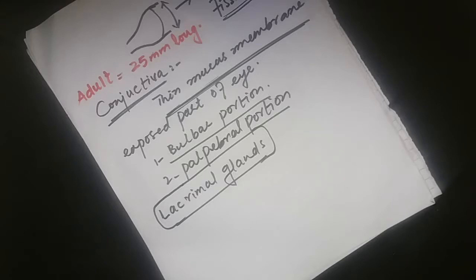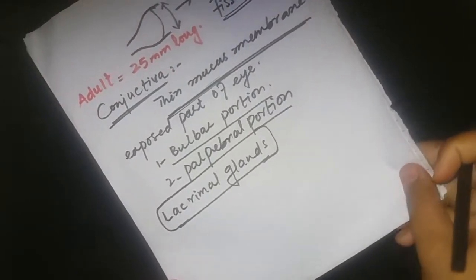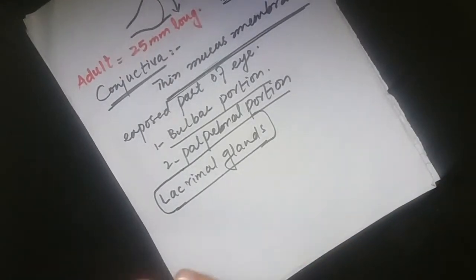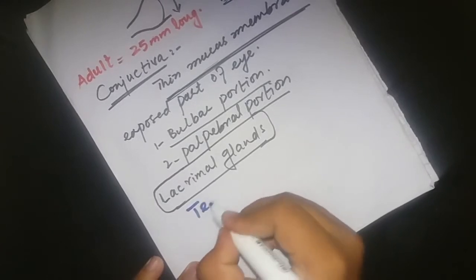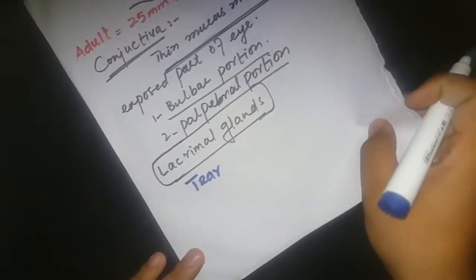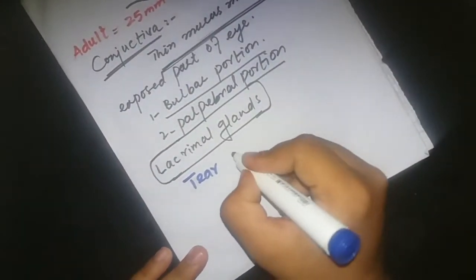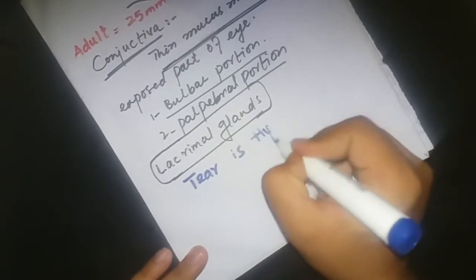What is the function of tears, and what is the role of tears in preventing the eye from different infections and dust particles? The basic nature of tear is hypertonic.